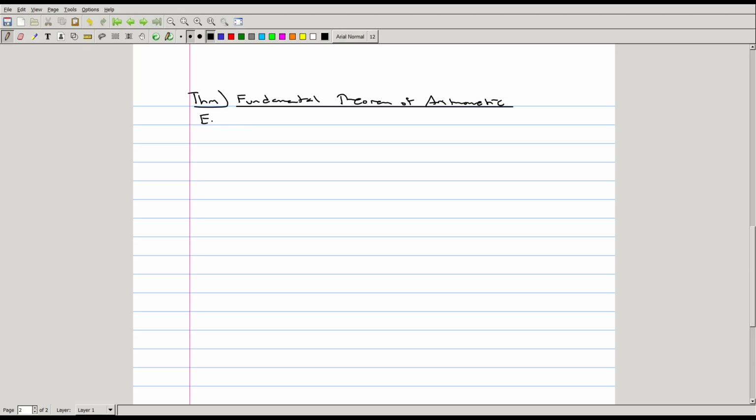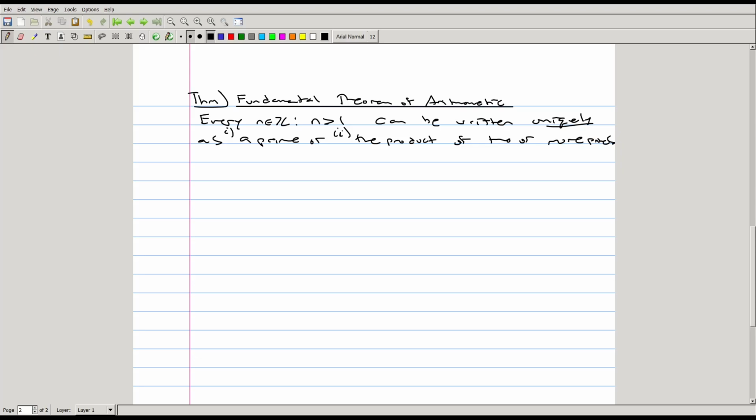We have that every integer n such that n is greater than 1 can be written uniquely as a prime, this is case 1, or the product of two or more primes, where the prime factors are written in non-decreasing order.